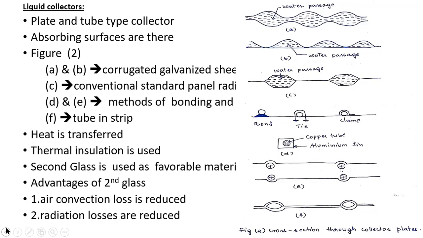This thermal insulation is usually placed behind the absorber plates to prevent heat losses from the rear surfaces. These insulation materials are generally made of mineral wool, glass wool, or fiberglass.